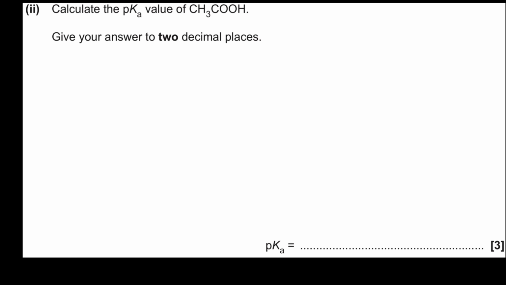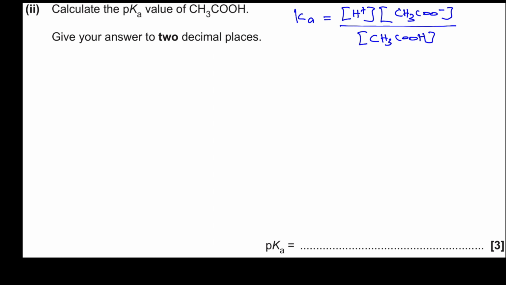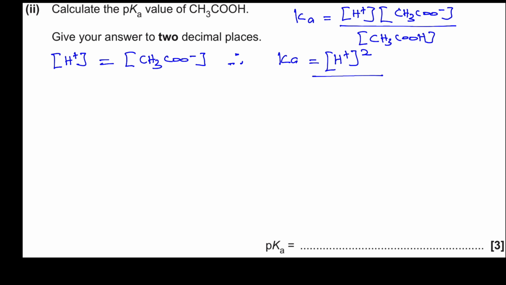We're looking for pKa value. That means we need to find the Ka value. And we know that the Ka value is concentration of H plus times the concentration of CH3COO minus divided by the concentration of the ethanoic acid. Now, because this is a weak dissociation, the concentration of H plus is equal to concentration of CH3COO minus. Therefore, we can rewrite the Ka value as Ka equals H plus concentration all squared divided by concentration of CH3COOH.